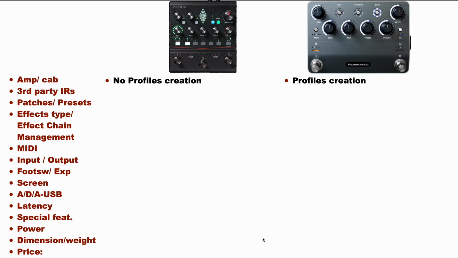Second, Kemper has a much easier method to share profiles, where with the Cortex the procedure is more closed and complicated. Third, in the Nano Cortex you have access only to profiles, where in the original Quad Cortex you can access also modeling tech, I mean modeled amps and not only profiled ones.